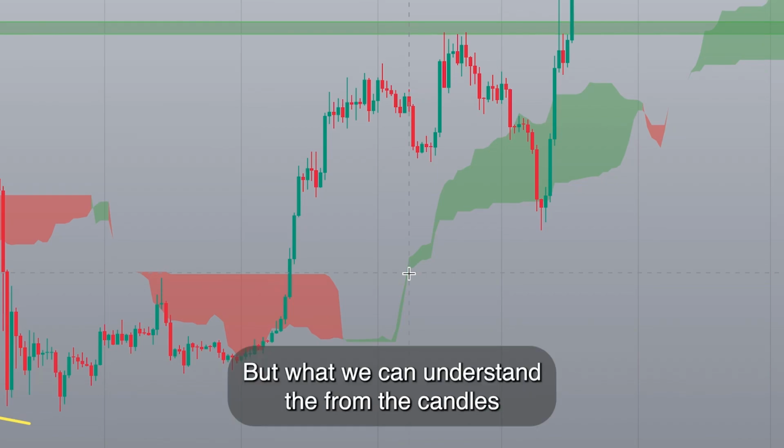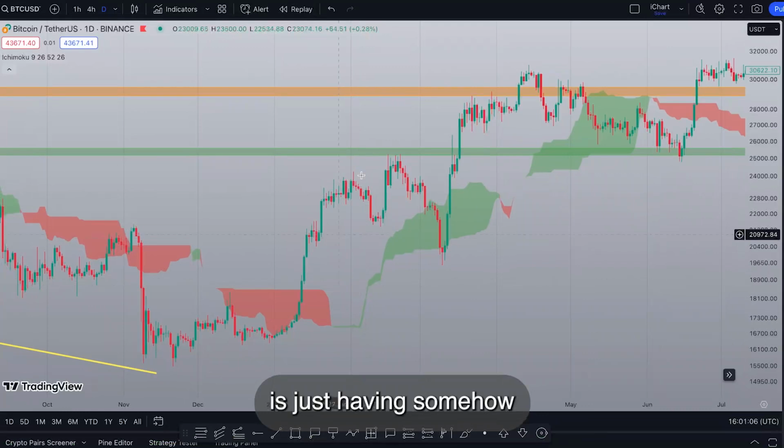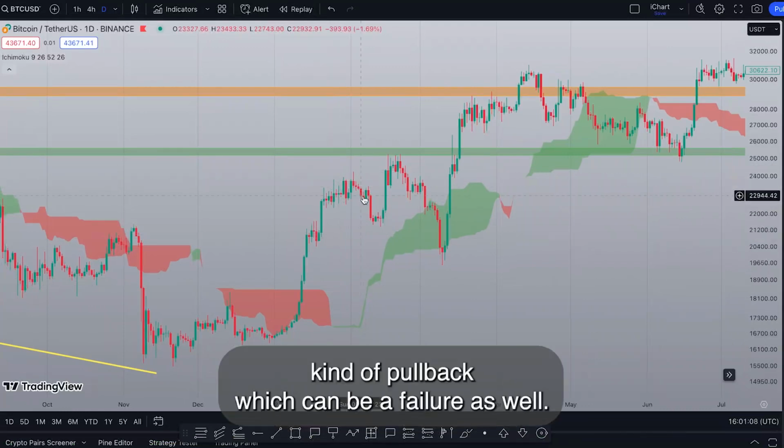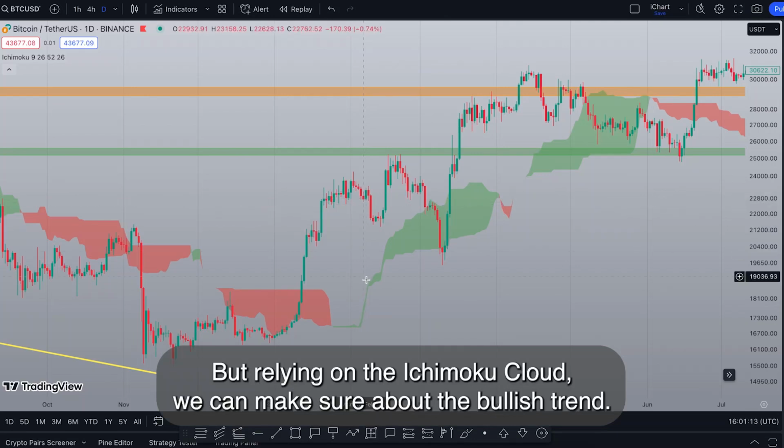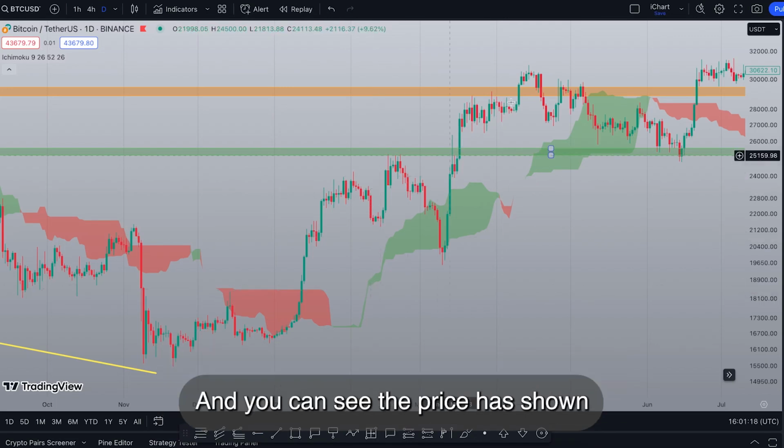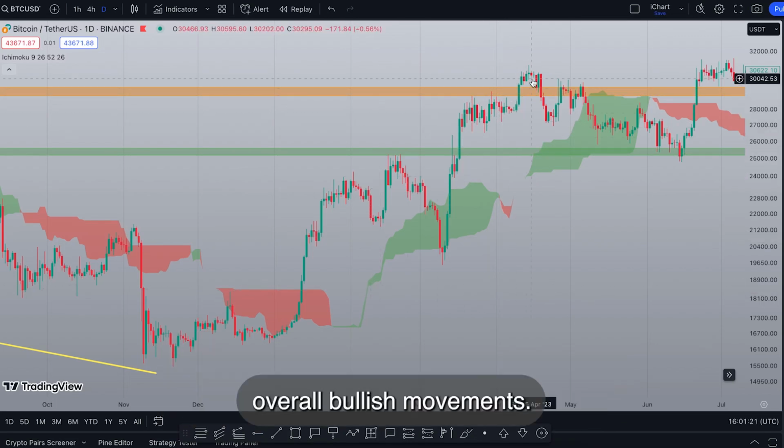What we can understand from the candles is that it's just having a kind of pullback, which can be a failure as well. But relying on the Ichimoku cloud, we can make sure about the bullish trend, and you can see the price has shown overall bullish movements.